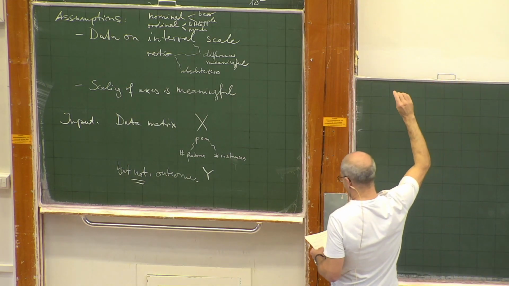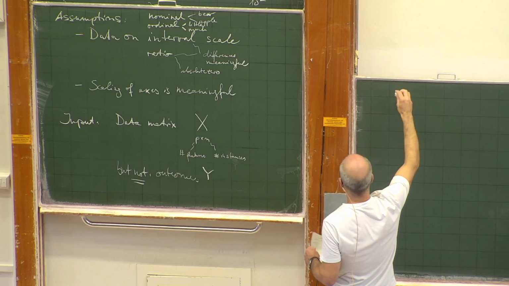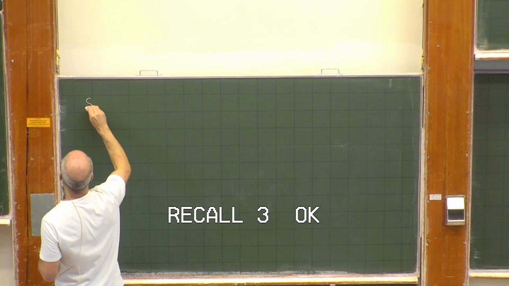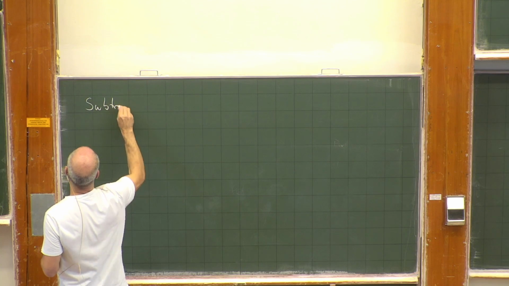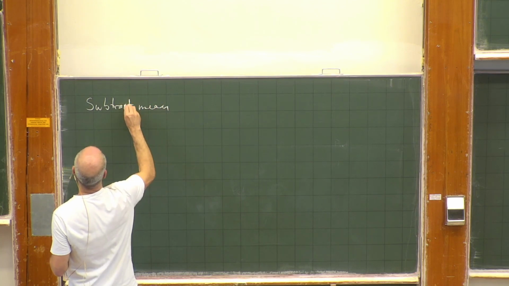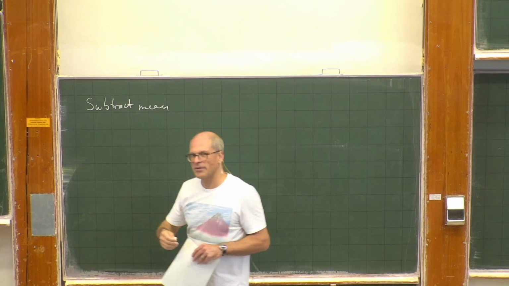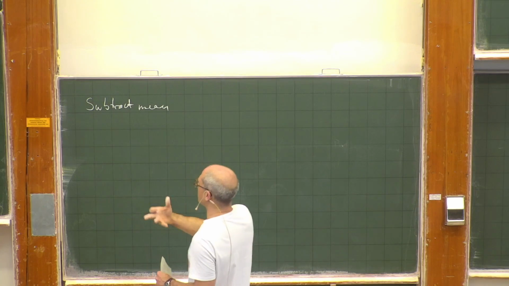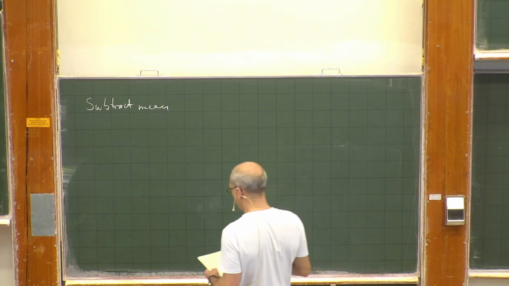All right, and it is useful to subtract the mean, because otherwise your principal components are going to be dominated by how far you are from the origin, and not what's the intrinsic structure of your data.